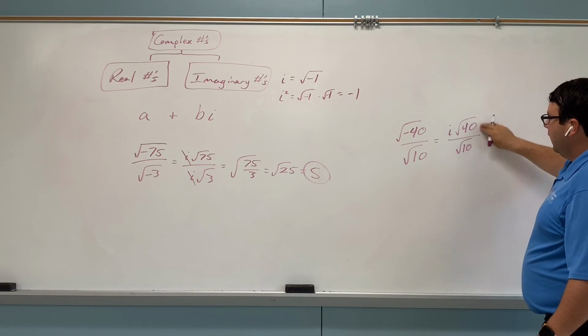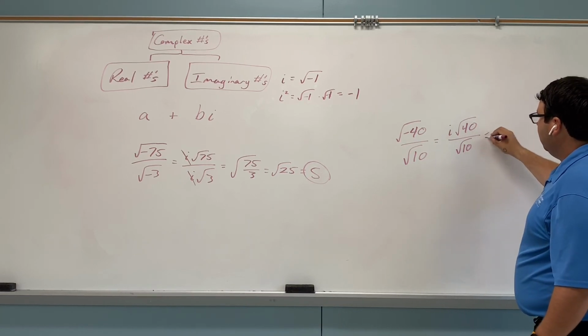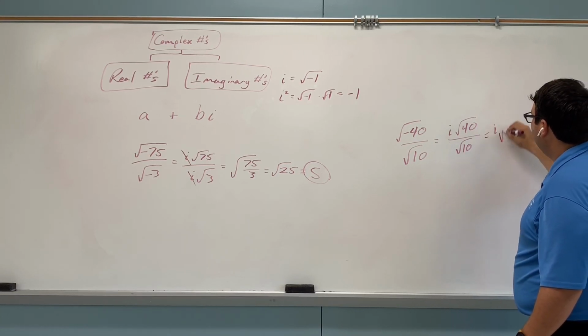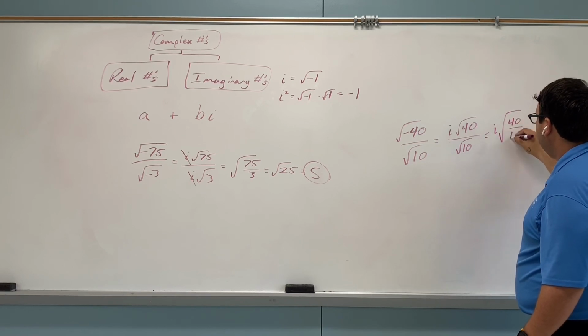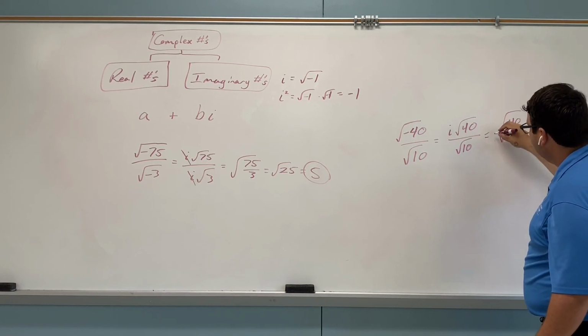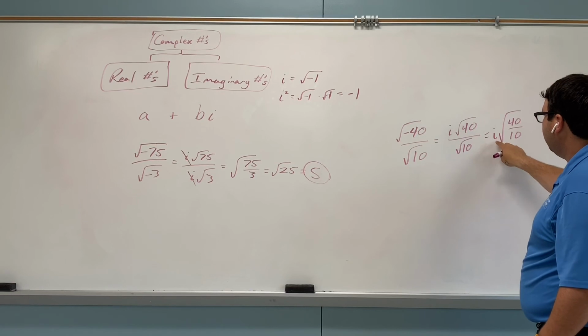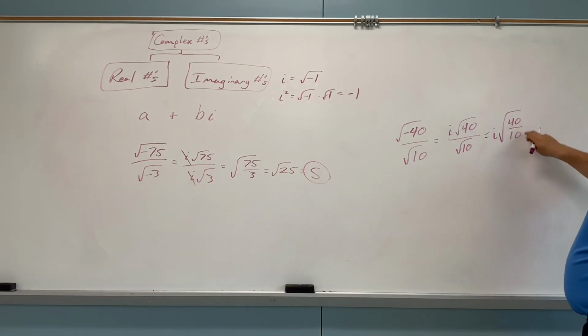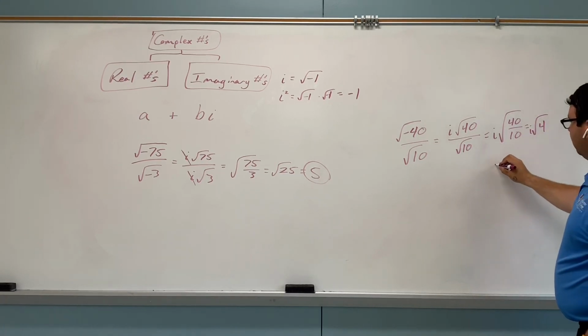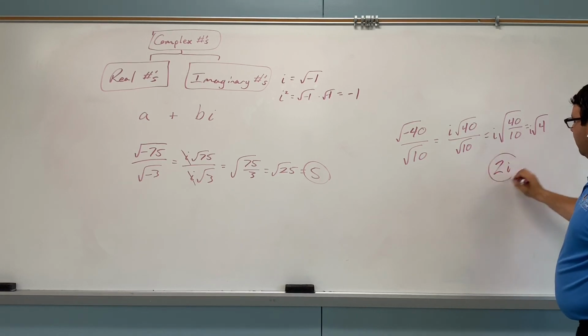And I can see that I can simplify 40 and 10, so I'm going to do that. So I have i square root of 40 over 10. This is not a root index, so I will write my i a little bit lower so you can see that. 40 and 10 can simplify, so that is going to be i square root of 4, which is 2i.